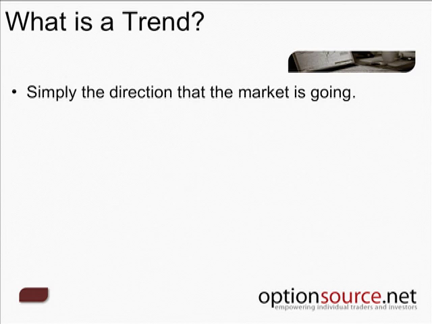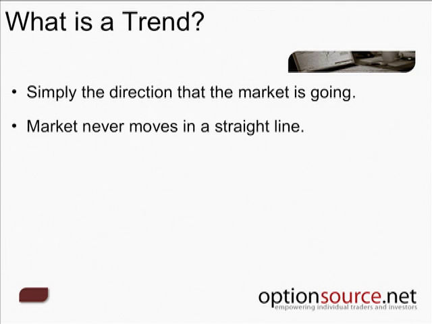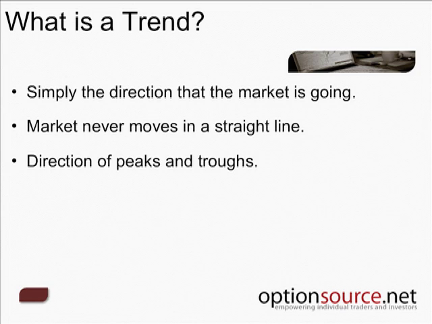So let's first consider the idea of trend identification, and this is really the bare bones, most simplest approach to utilizing a chart. It is just the simple idea of identifying a trend, and a trend is simply the direction that the market is going. And we understand that a market never moves in a straight line, unless you're the S&P over the last couple of weeks, which up until yesterday was in fact moving in a straight line, down that is.